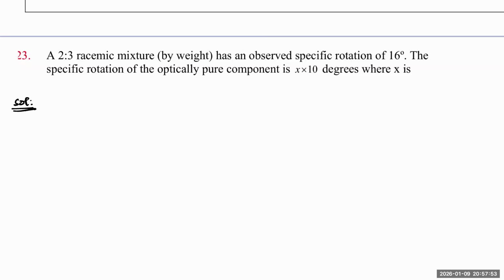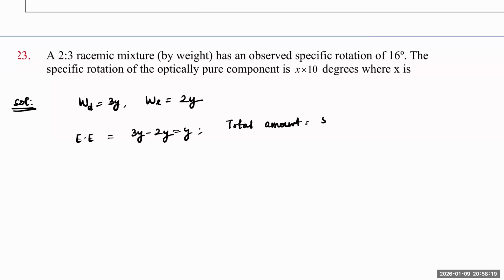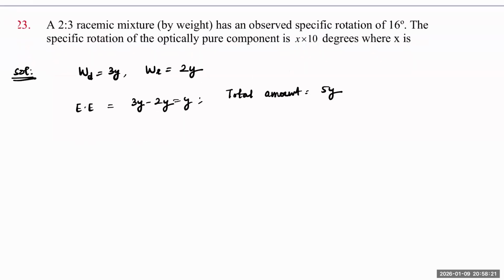See, you can take it. Weight of dextro is 3y. Weight of levo is 2y. So enantiomeric excess weight will be equal to 3y minus 2y, which is equal to y. Can I say that the total amount of the mixture is 5y, out of which y is the excess amount which you have.